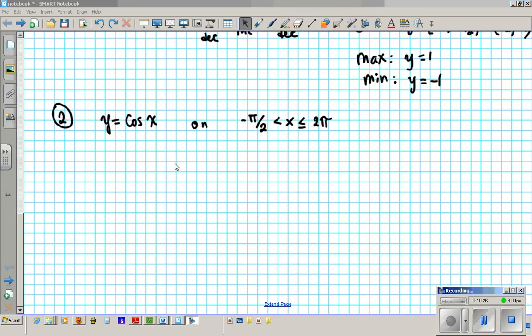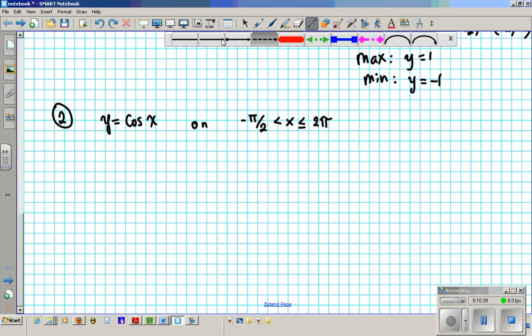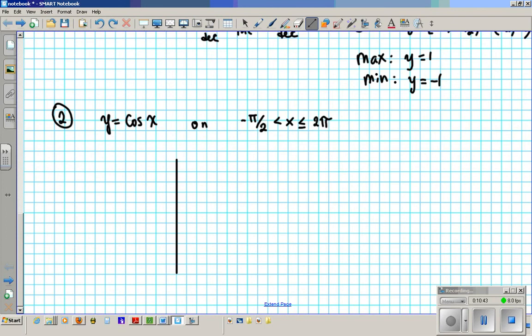Alright, so we're going to do the same one for this problem, y equals cosine x. So we're going to break it by pi over 2's here again, because it's a parent function. More to the positive side, because we're going all the way to 2 pi. Alright, so this is my y-axis, this is my x-axis.